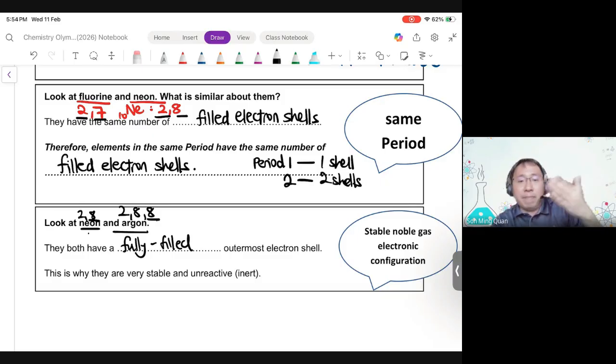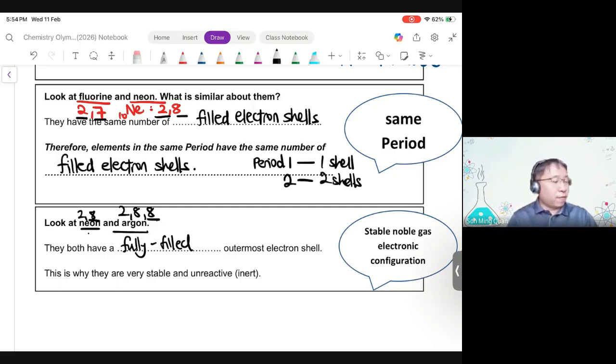Okay, so what makes something reactive? Something is reactive when its atom does not have the fully filled outermost electron shell. This is why electronic configuration is so important. From this alone, I can really tell that sodium is very reactive. Sodium will explode. Fluorine, very reactive. It's going to explode. Okay?